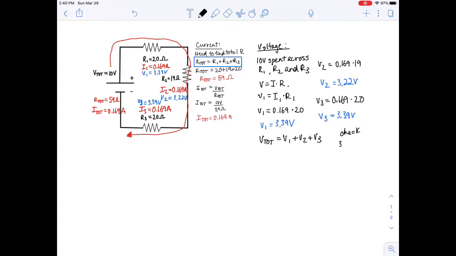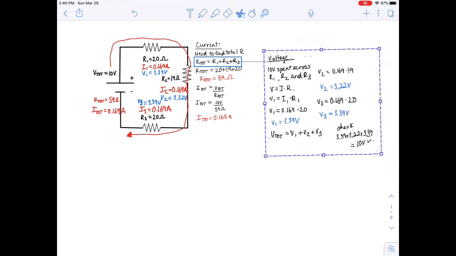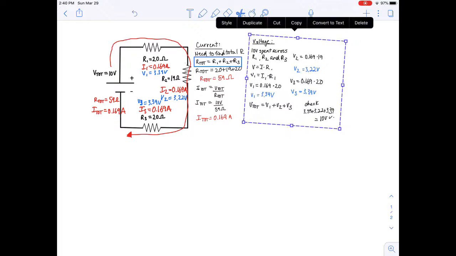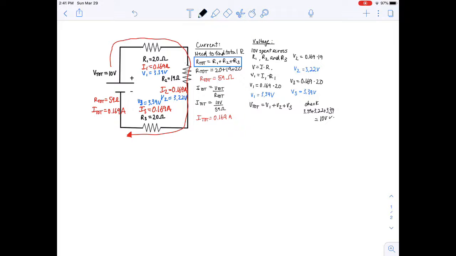So 3.39 plus 3.22 plus 3.39 does in fact equal exactly 10 volts. So we know we've done something right, which is good. All right, so we have successfully solved our circuit.